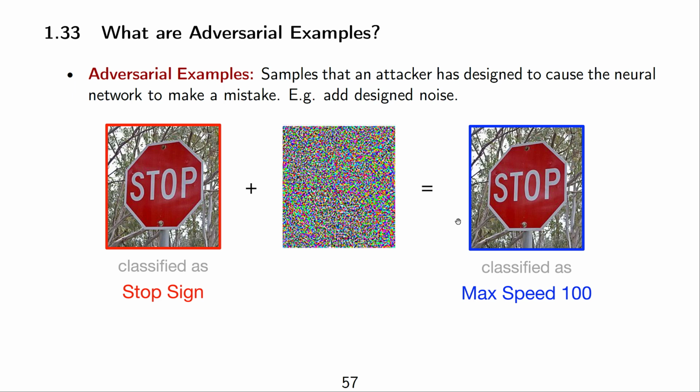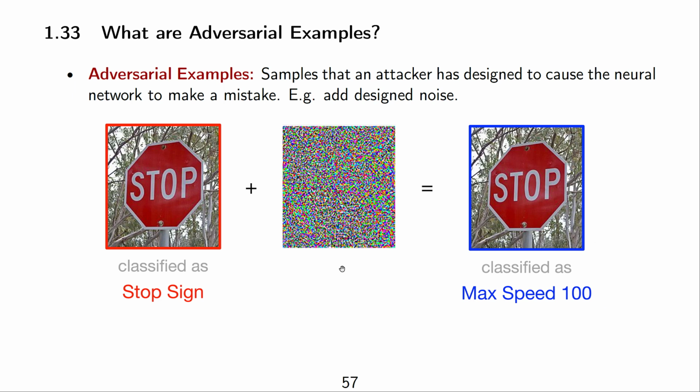The human can trivially decide that this is a stop sign, but the neural network now makes a mistake and says that this is a sign of maximum speed 100. So this is a big drawback of neural networks, that they are susceptible to these adversarial examples.